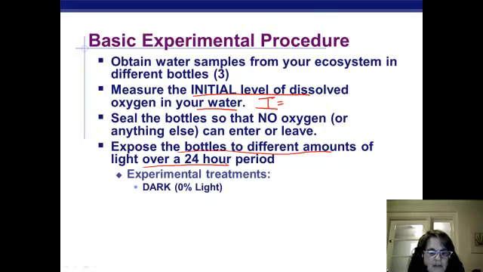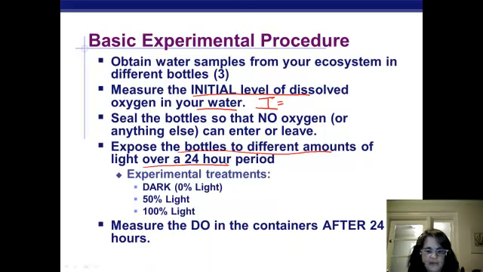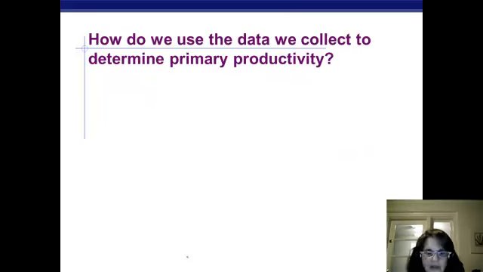Okay? Our experimental treatments will be dark, no light, shade, half light, and full light, 100%. And then we'll simply measure the dissolved oxygen in those containers after 24 hours. That's our basic procedure for this primary productivity lab.